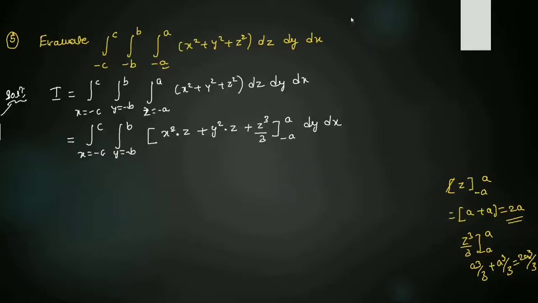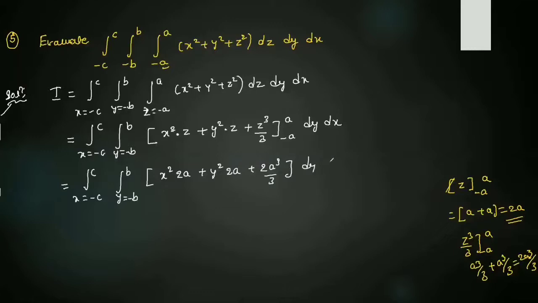Let me write here. Integration of x from minus c to c, integration of y from minus b to b, so it is x square 2a plus y square 2a plus 2a cube by 3 dy dx.